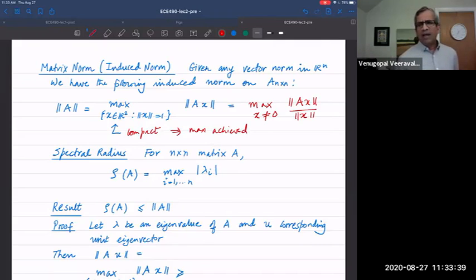Can you see why this is the same thing? Maybe it's something you should think about at home. It's not hard to see that this maximization over all x is the same as the maximization for the normalized x, because I'm dividing by the norm of x, and that's how I end up normalizing x.